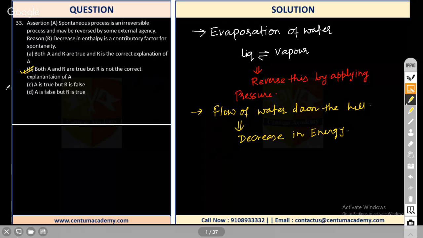So simply we can say a spontaneous process is accompanied by decrease in energy and increase in randomness also.